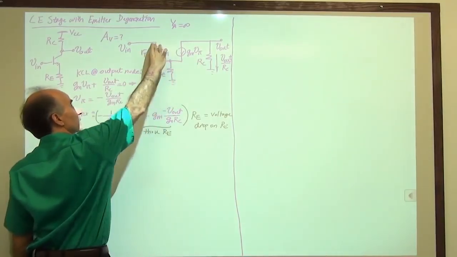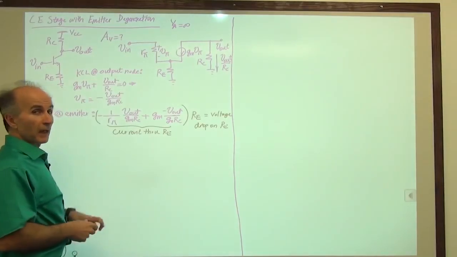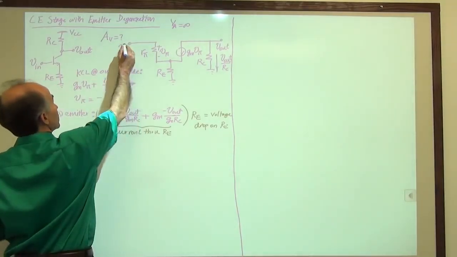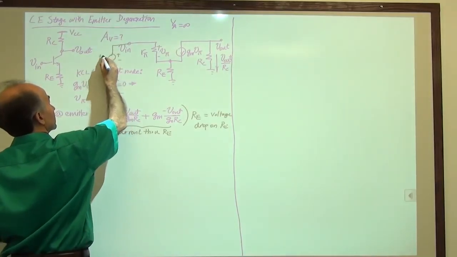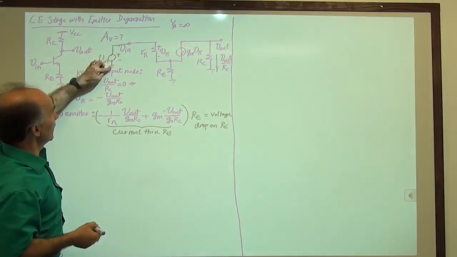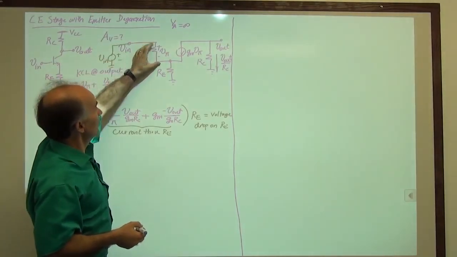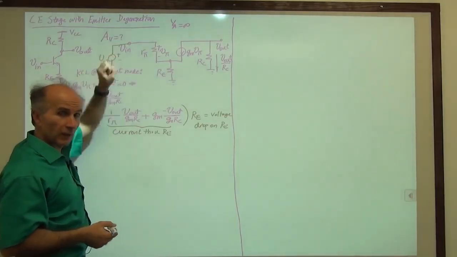This voltage plus this voltage must be equal to this voltage. If that's confusing, you can always draw this explicitly so that you can see it better. V in, because it goes from here to ground, is equal to V pi plus this, because it also goes to ground. So this plus this is equal to V in.